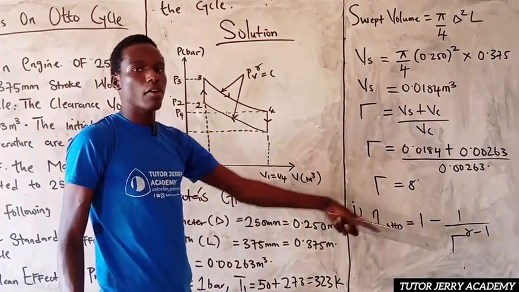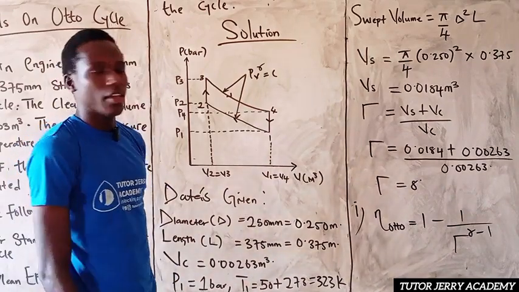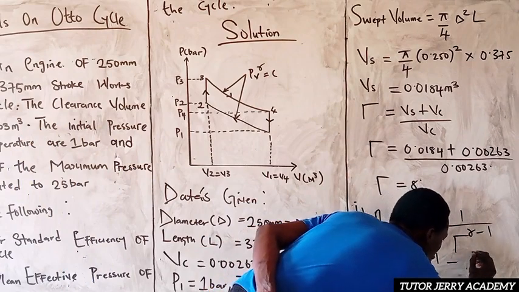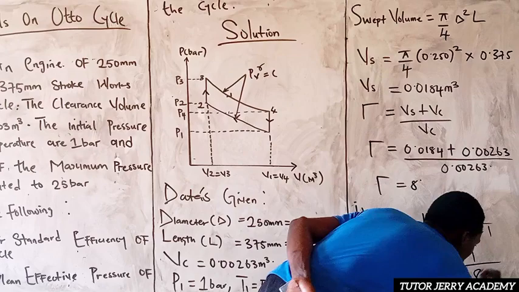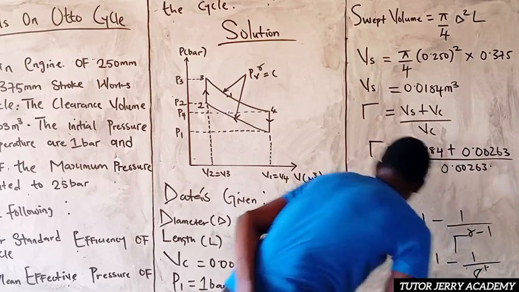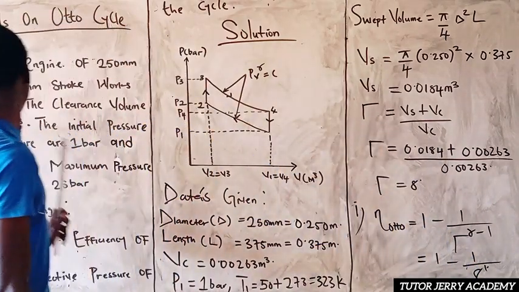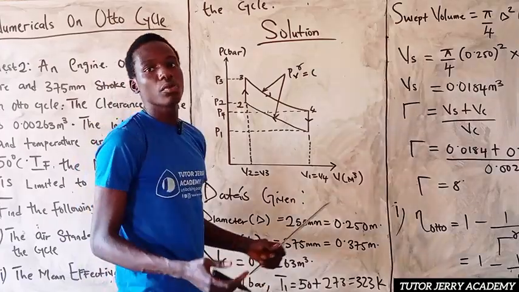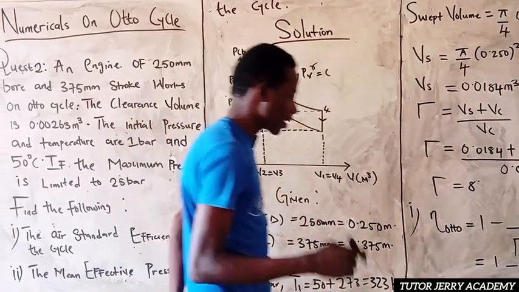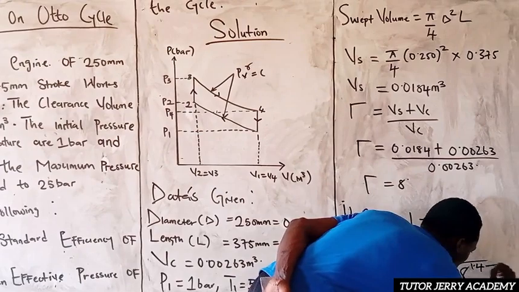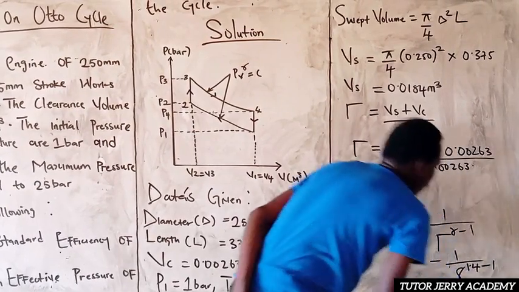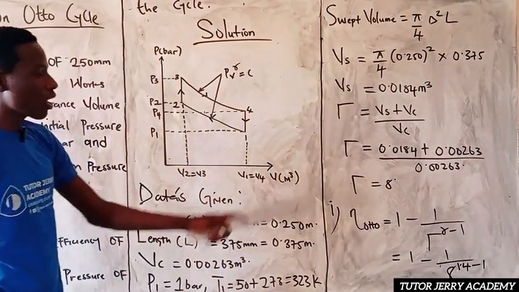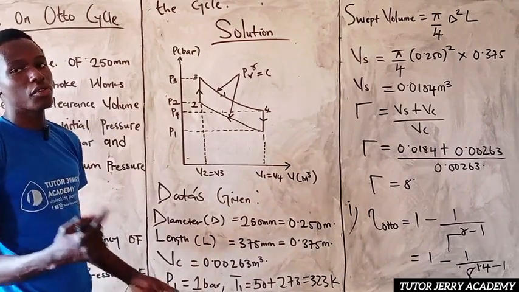We're not given gamma, but we know gamma to be 1.4 as a constant value. So 1.4 minus 1 is 0.4. So we have 1 minus 1 all over 8 to the power of 0.4.